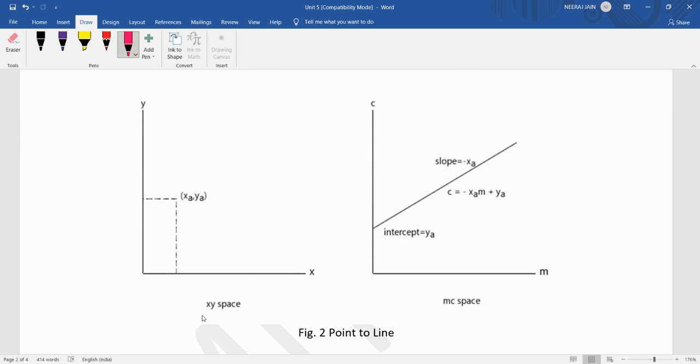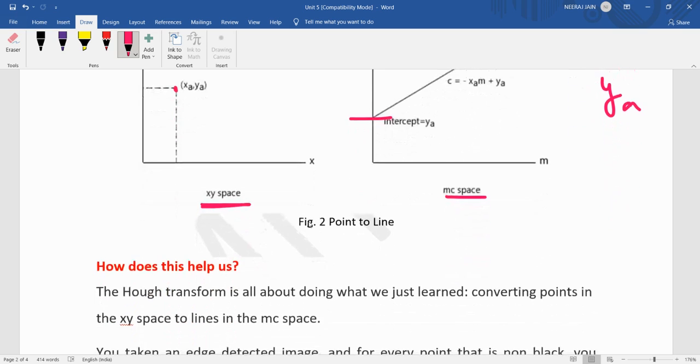Now suppose a point is given here in the xy space, and we want to convert it into a line in the MC space, where minus xa will be the slope and ya is the intercept. In this manner this point is converted into a line, with ya as the intercept of this line.